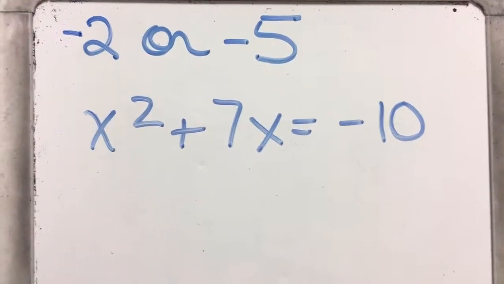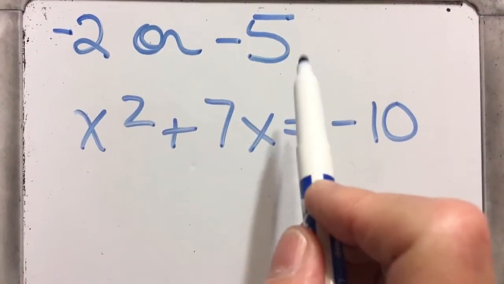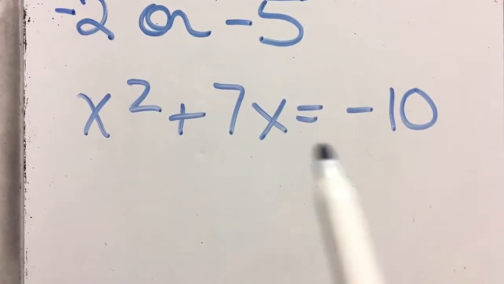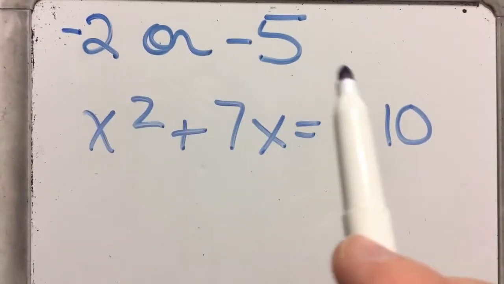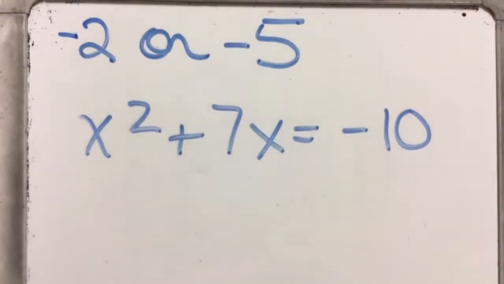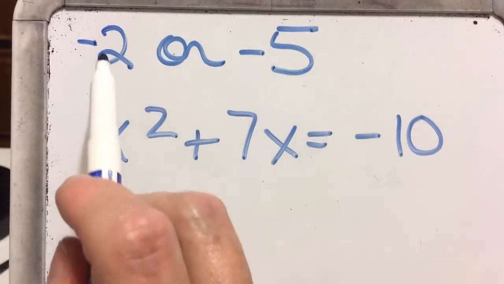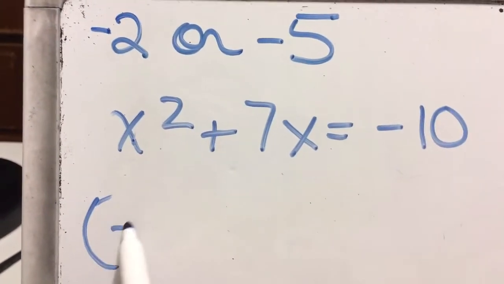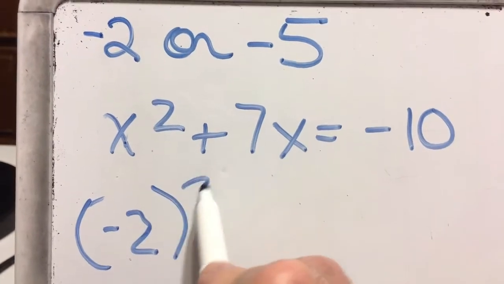Since our last practice, we're checking to see if negative 2 or negative 5 will make this equation true. Do they satisfy? Are they solutions? Are they roots? All mean the same thing. So negative 2 goes into our little parenthesis first.